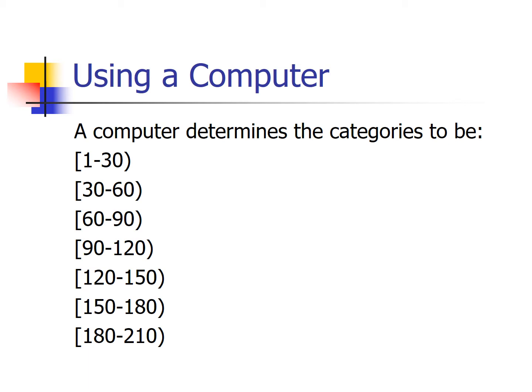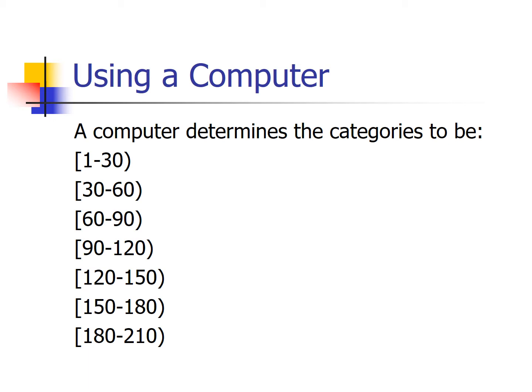We didn't squint at the numbers long enough, but if you go back at some point, or print up the PowerPoint so you could look at the actual numbers, you'll see that the largest number, the farthest down we had to dig, was 200 centimeters. So we don't need to go any farther than the 210 category.